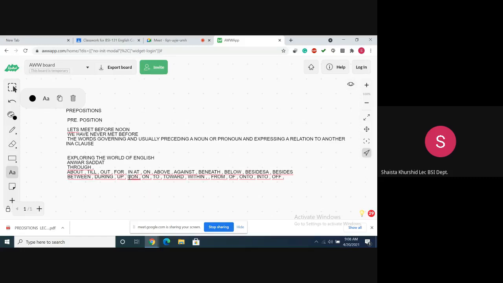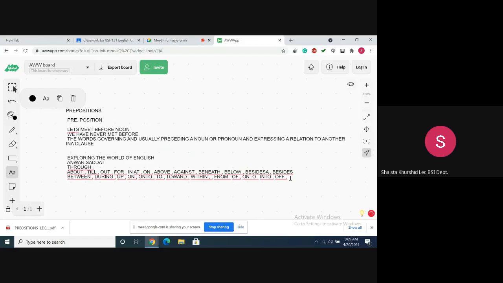When we put on and onto, it's a double preposition because we combine to and on. Within is a double preposition, and into is a double preposition because there is a location as well as the direction. So into shows the location as well as the direction. Onto also shows the direction as well as the location.